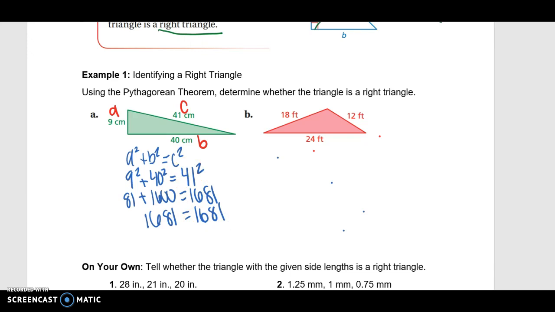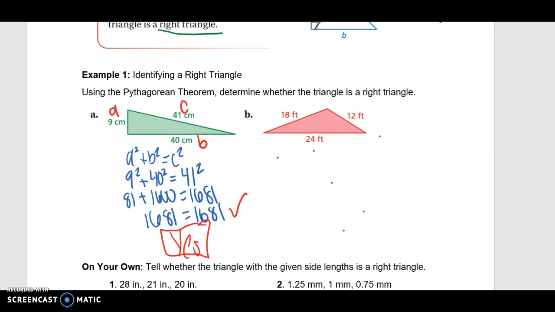So now we look at the final step. If it is a right triangle, the left-hand side will equal the right-hand side. So we can see here we have the same number on both sides of our equal sign. So is this a right triangle? You would say yes. The reason why you would say yes is because the left-hand side and the right-hand side have the same exact number.